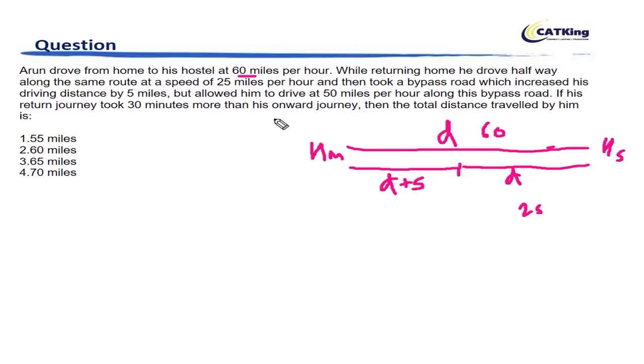It says that it increases by 5, and he goes at 50 miles, right? Now the return journey takes 30 minutes more than the onward journey. The question is the total distance traveled, which here is 2d plus 5.